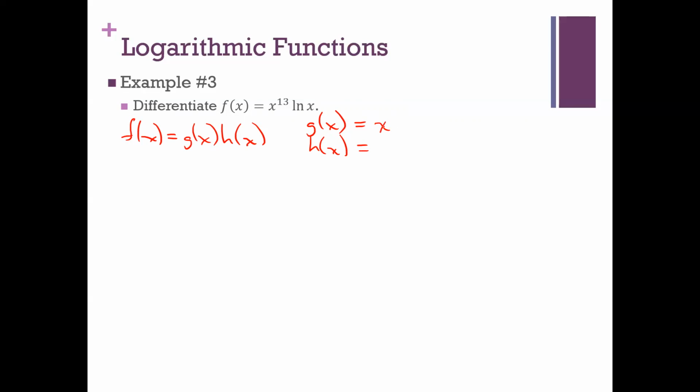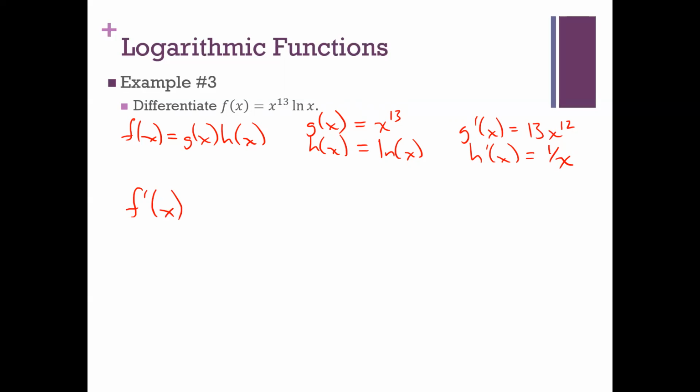g prime is the derivative, which is 13x to the 12th. And then h prime would be 1 over x. So from there, we should have everything we need for the derivative. So what's the derivative going to be?